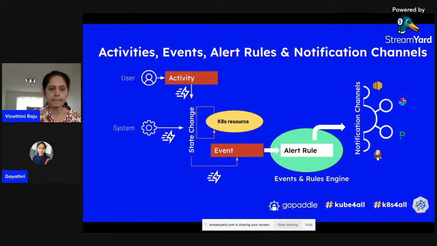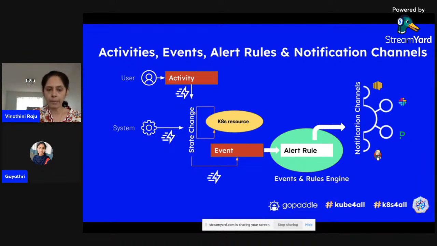Similarly, the system itself can trigger a change in the state of a resource. For instance, a node can go down, or it can automatically scale up, or the disk space, CPU or memory usage can go beyond the threshold. Those kinds of events are system generated, and those state changes result in a Kubernetes resource state change, which in turn can lead to an event.